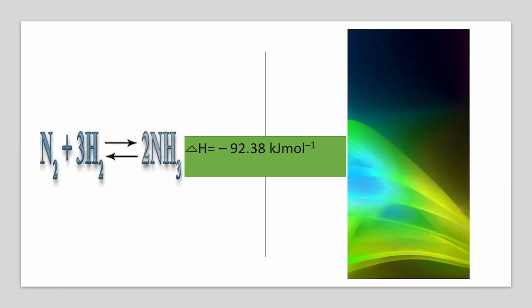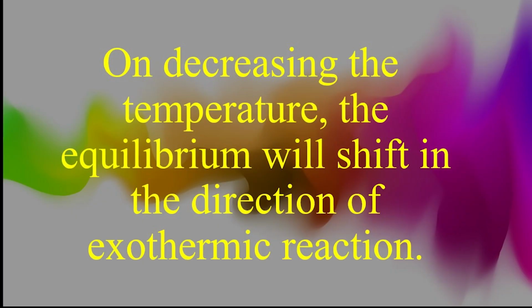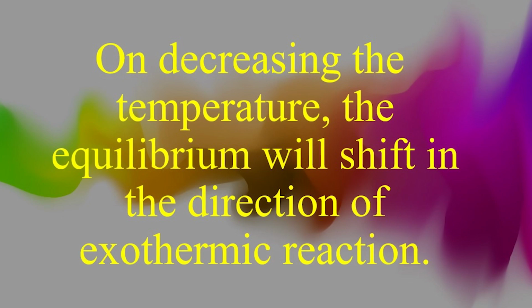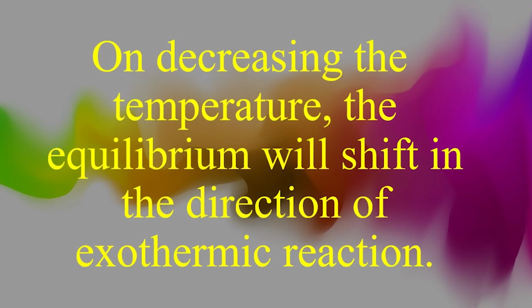Let us take the example of ammonia formation. Here the equation is N2 plus 3H2 gives 2NH3. Delta H is equal to minus 92.4 kilojoule per mole. So we can say that the forward reaction, that is formation of ammonia, is exothermic in nature. We already found that on decreasing the temperature, the equilibrium shifts in the direction of the exothermic reaction.